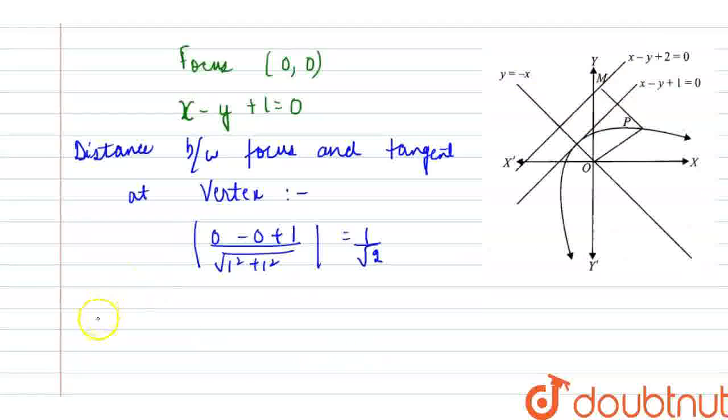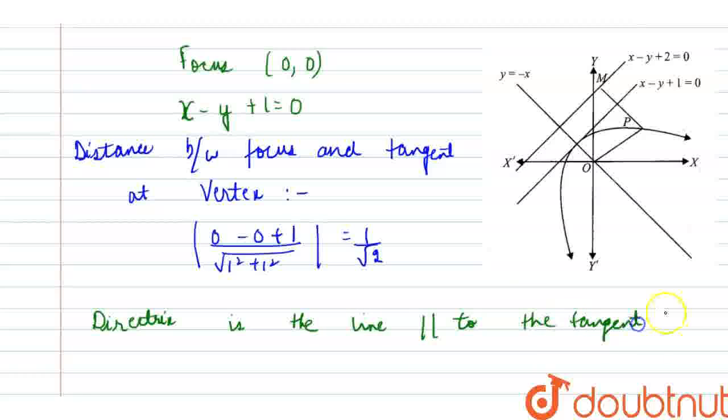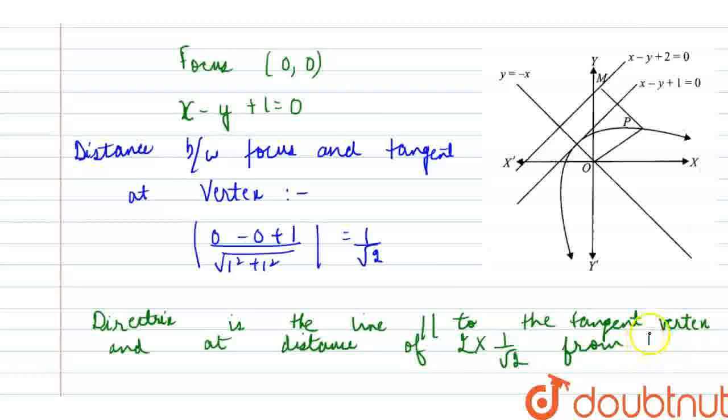Now I'm writing down that directrix is the line which is parallel to the tangent at vertex, and at a distance of 2 into this distance, that is 2 upon root 2, from focus.